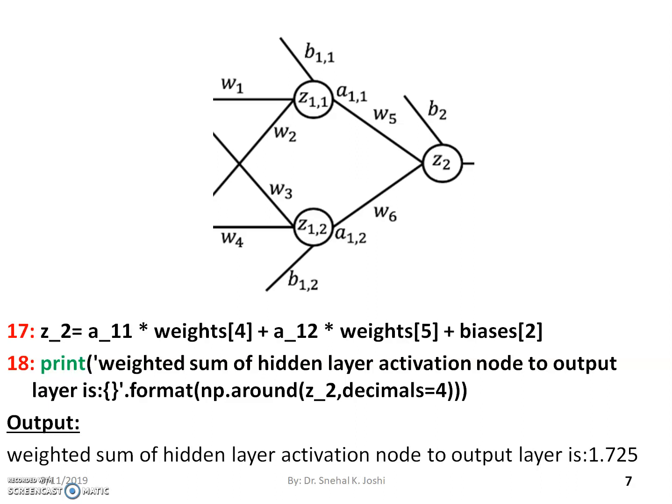Here, A11 and A12 are acting as input nodes and B2 as bias. As you see, the output shows the weighted sum from the hidden layer activation nodes to the output layer. We obtain the value 1.725. Now, the next step is to obtain the activation value A2 from the weighted sum value Z2.